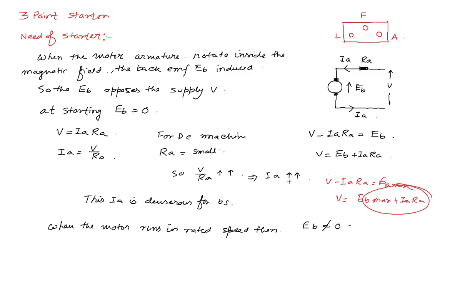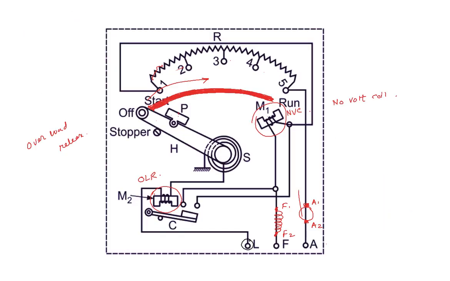So we are getting some value over there, and Ia decreases. So when the motor is in the off position, we are incorporating some variable resistance.